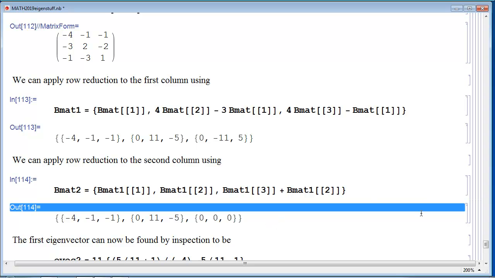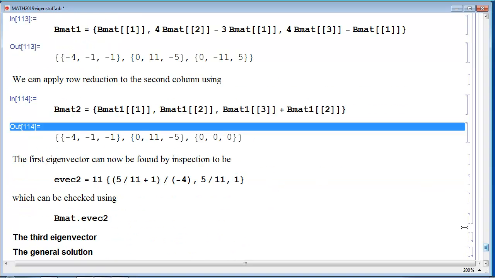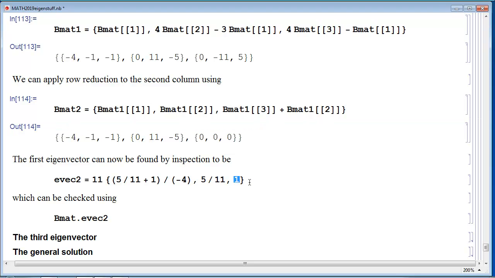So we can choose the third element to be anything we like, so let's choose that to be 1, and then that tells us that the second element is 5/11ths, so we put that in here, and then the first element is 5/11ths plus 1 times the divided by -4.